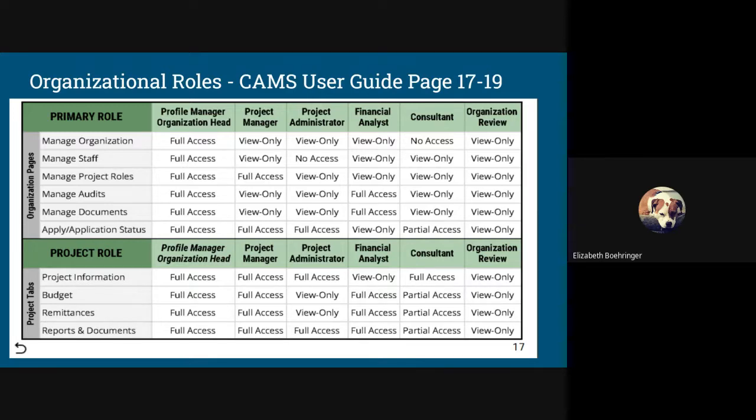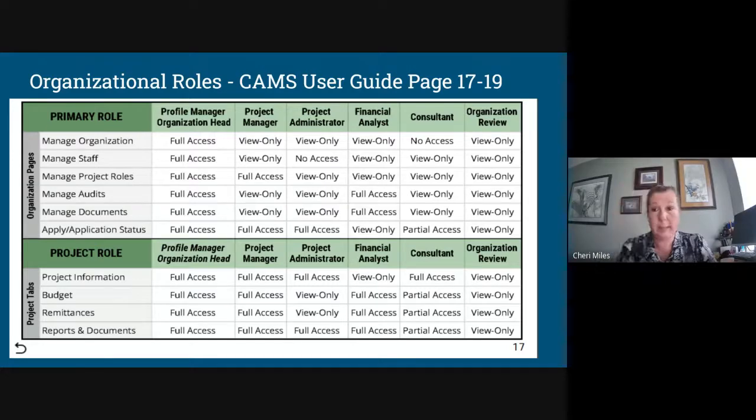For CDBG and for IPR projects, the persons assigned the financial analyst role will typically be those persons listed on the certifications, signatures, and address for being allowed to submit remittance requests. Thank you. That's a very important item to note. Yes.